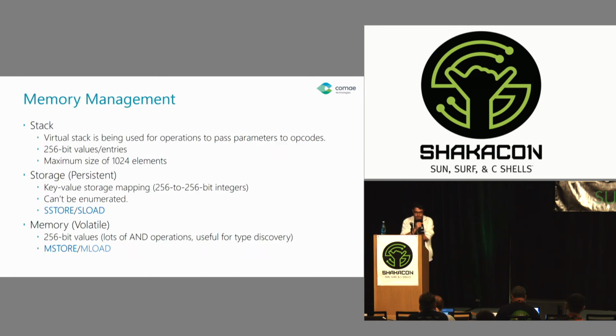So when it comes down to memory management, which is a big part of every virtual machine, here we're going to distinguish 3 different types of memory. The first one, like I was mentioning before, is what we're going to call the stack, but think of it as a virtual stack because it's replacing registers, and we're going to see after when all the functions are being called or used.